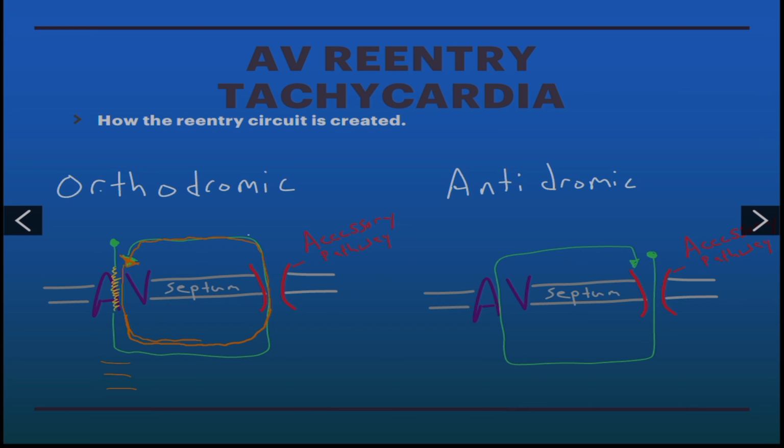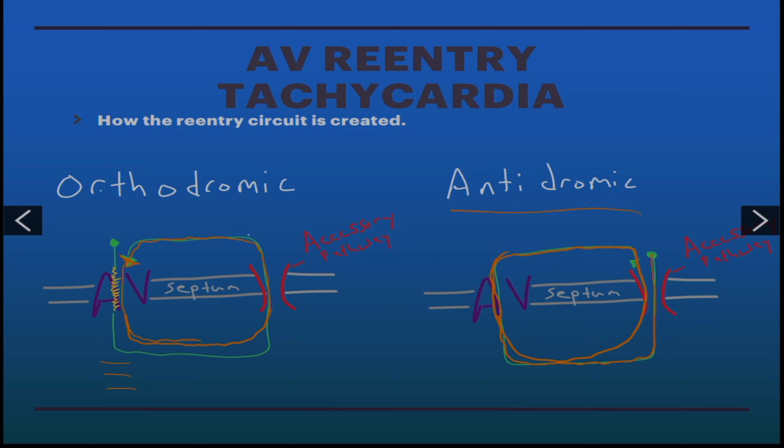Now, in antidromic, what happens is the impulse basically comes through the accessory pathway first, and as it makes its way back around the AV node, remember we talked about the AV node not being good at retrograde conduction, so it can't exert any sort of block when it's going in the opposite direction. So that impulse travels to the AV node very quickly, comes back around, and then it just keeps propagating itself.